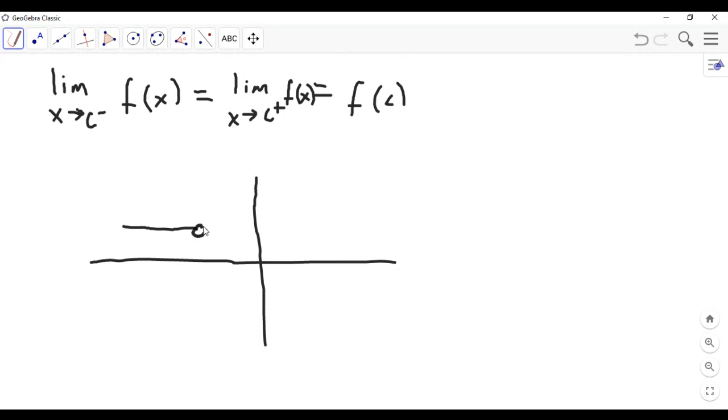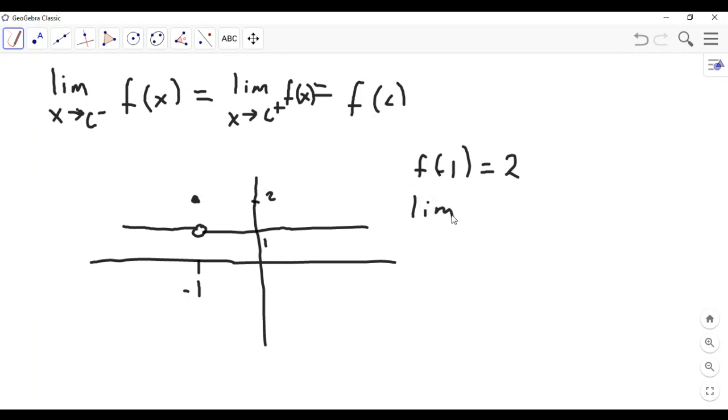So for instance, if we drew out a quick graph, we had something just like this where we've got a hole point and it just keeps going on like that. We can see that our actual function value, if let's say this is 2 and this is 1 right here, then f of, let's just say that's -1, and f of -1 is equal to 2 itself.